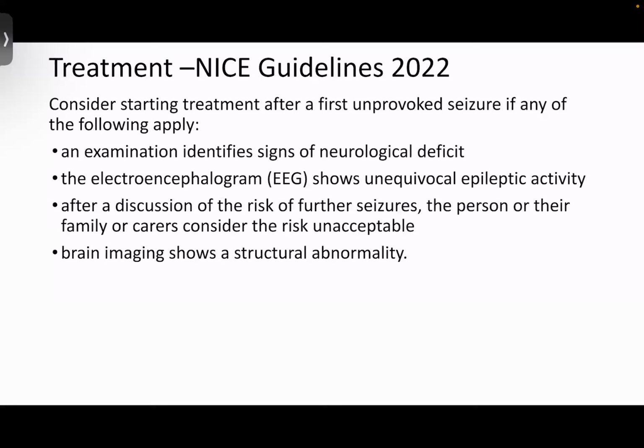So consider starting treatment after a first unprovoked seizure if any of the following apply: if on examination there are signs of neurological deficit, or the EEG shows unequivocal epileptic activity, or you suspect there is a risk of further seizures and the risk is unacceptable, or you pick up a structural abnormality in brain imaging. Then you can go with anti-seizure medications after the first unprovoked seizure event.